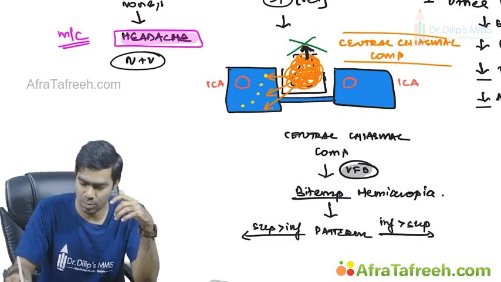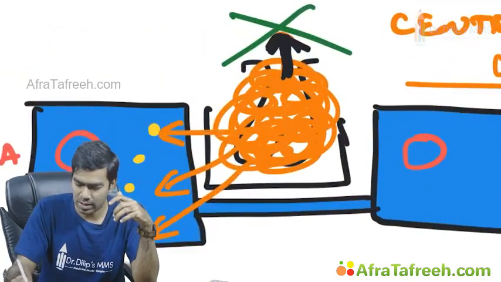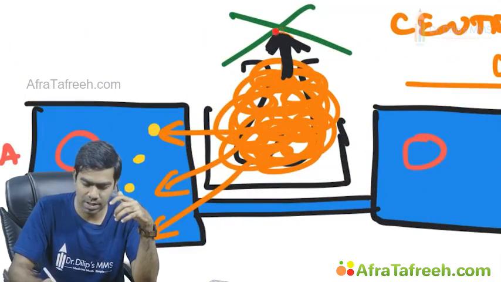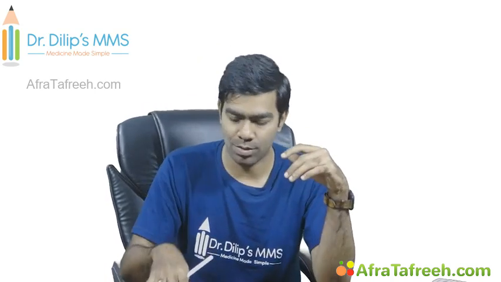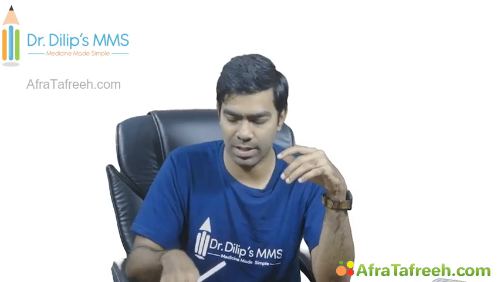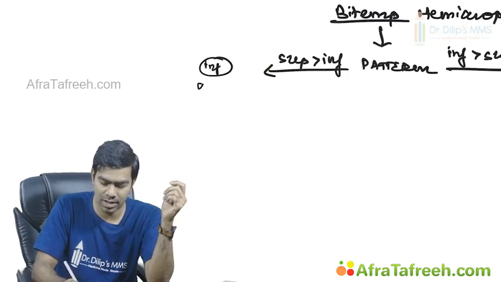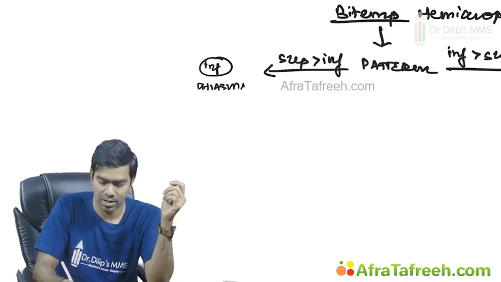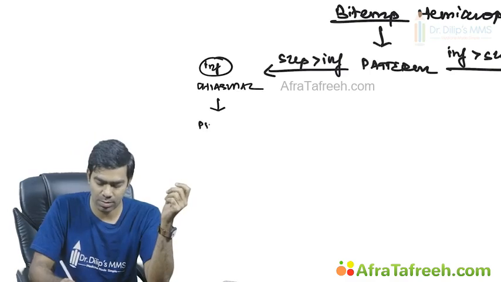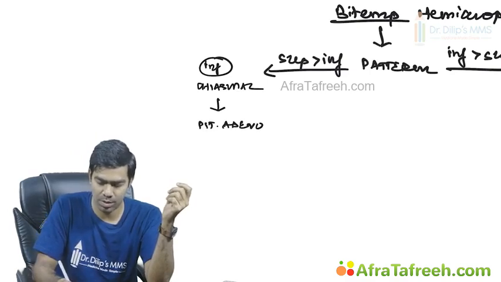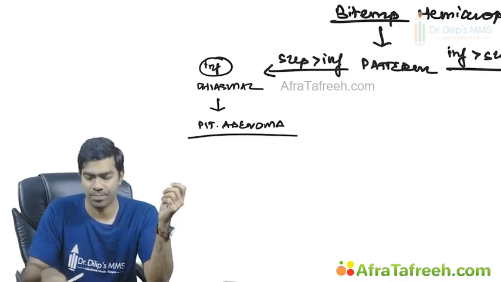For example, if I zoom in and show you, you can see the pituitary is going to affect the inferior fibers more. Remember, these inferior fibers carry the superior world, and the superior fibers in the optic tract carry the inferior world. So whenever the inferior chiasma is affected, which means superior loss more than inferior, it indicates an inferior chiasmal lesion. So when you have an inferior chiasmal lesion, in this condition it's going to be a pituitary adenoma only, in exam. Only pituitary adenoma can cause this picture.